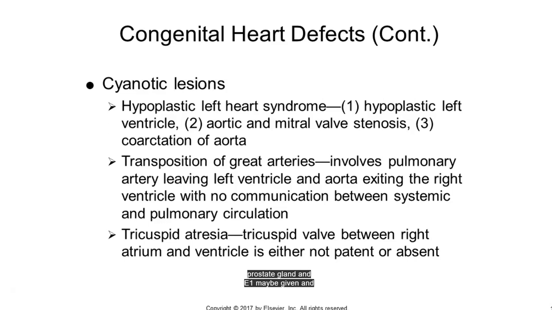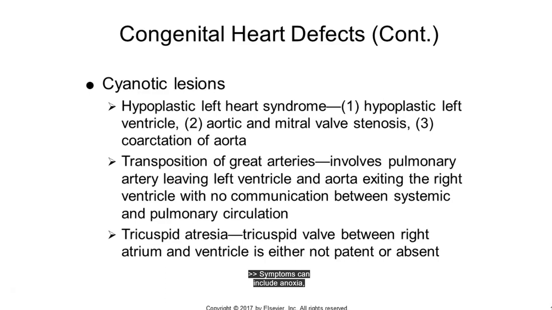Prostaglandin E1 may be given and mechanical ventilation may be required until surgery or heart transplant can occur. Transposition of the great arteries occurs when the positions of the aorta and pulmonary artery are reversed. Surgery is always indicated, and even with successful surgery, arrhythmias or ventricular dysfunctions may occur later in life. Tricuspid atresia leads to obstruction of blood flow into the right ventricle, and the right ventricle is often underdeveloped.